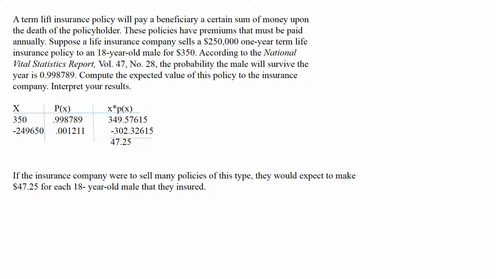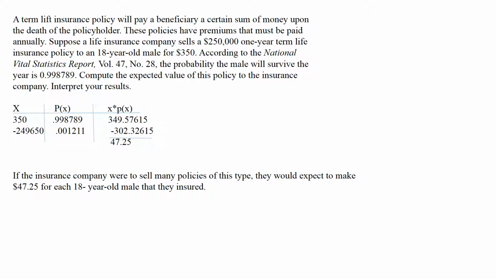The two values of x are 350 if the male survives and negative 249,650 if the male dies. The corresponding probabilities are 0.998789 and 1 minus 0.998789, which equals 0.001211. Now we multiply the 350 times the probability 0.998789 and negative 249,650 times 0.001212.